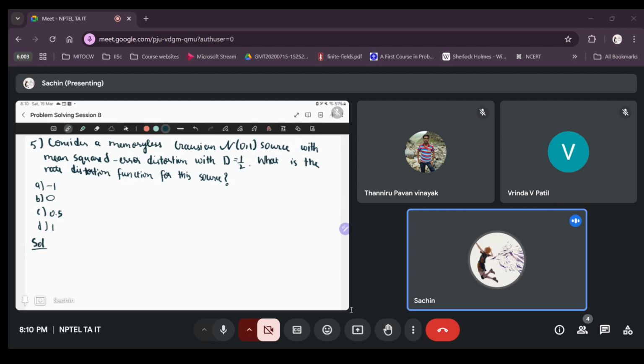The derivation for rate distortion for a Gaussian random source was explained in class, so I won't go into the derivation.